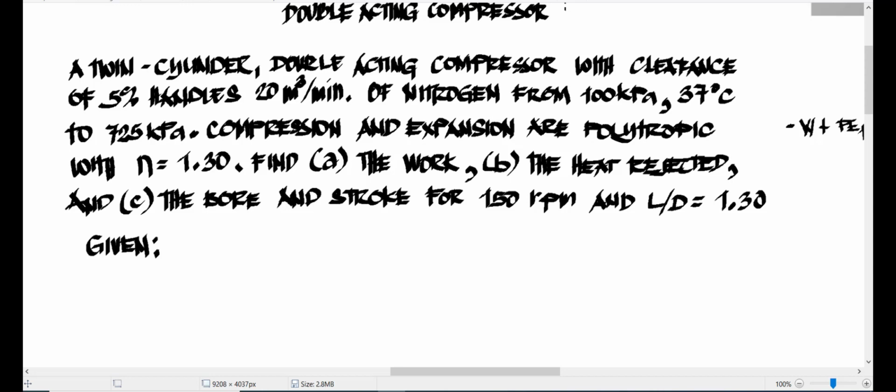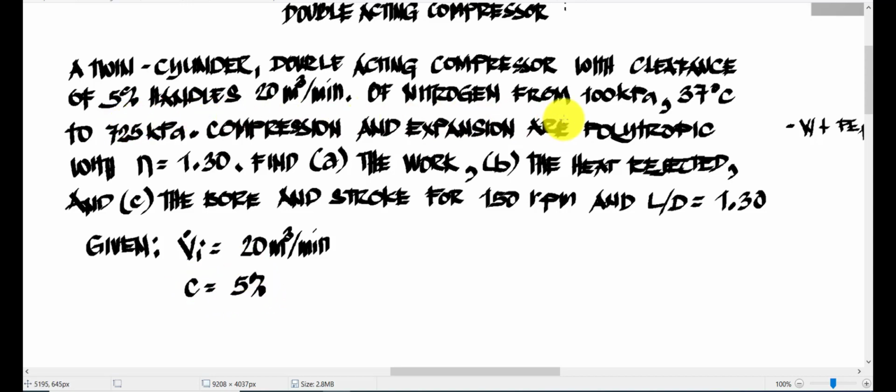Reviewing here, we have the initial volume during the suction, V1 prime, or the volume flow rate 1, which is 20 cubic meters per minute. Then we have a given C for your clearance, that will be 5%.